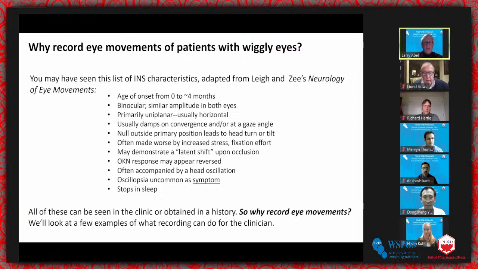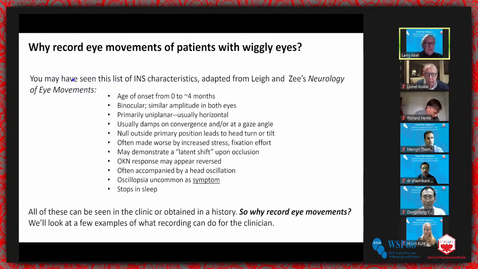So if you've got all these, why do you need an eye tracker? What I'd like to suggest is that there are times when the eye tracker can provide information beyond what you can see with your own eyes.